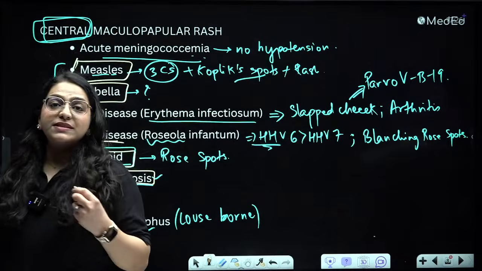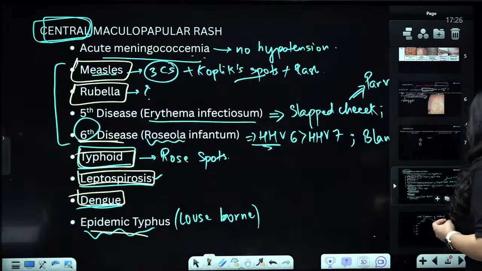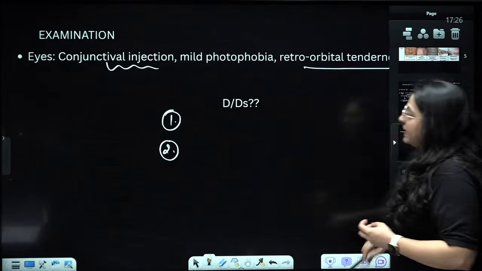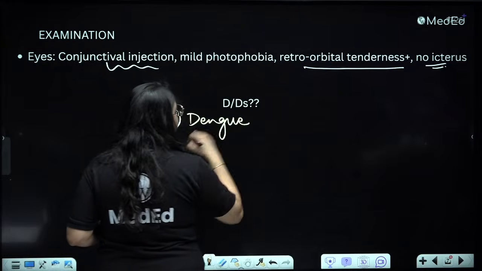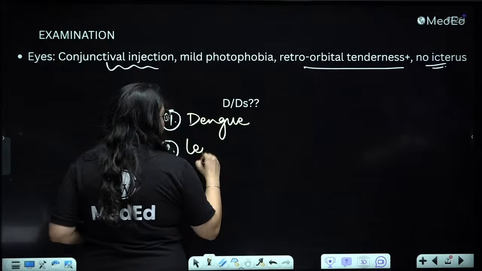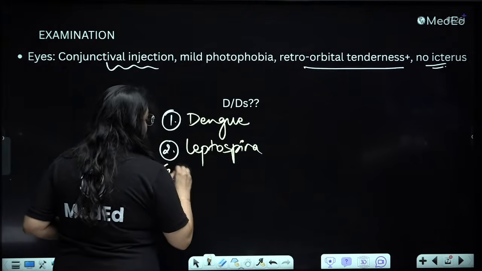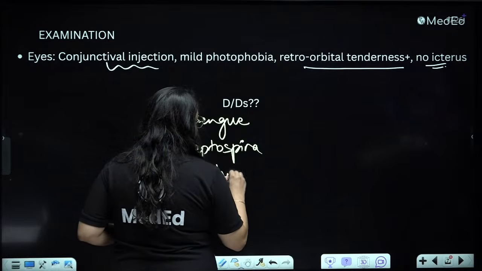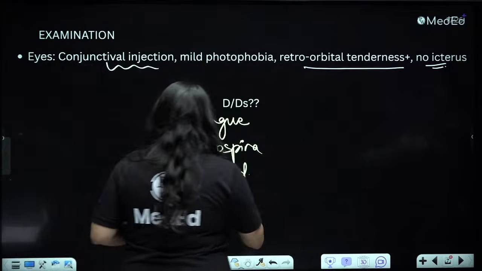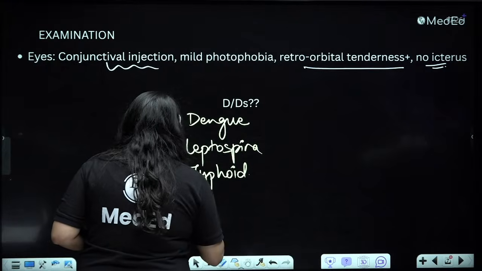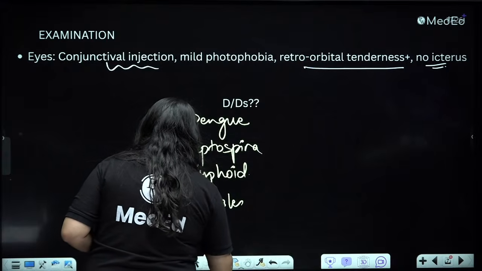So what is the first thing that I should ask in order to rule out all of these agents? So what are my DDs? Let's write. My DDs up till now are dengue. It looks kind of like dengue to me. Then it is leptospira. We have not been able to rule out typhoid or enteric fever, salmonella, either. Then we have measles. Then we have rubella.